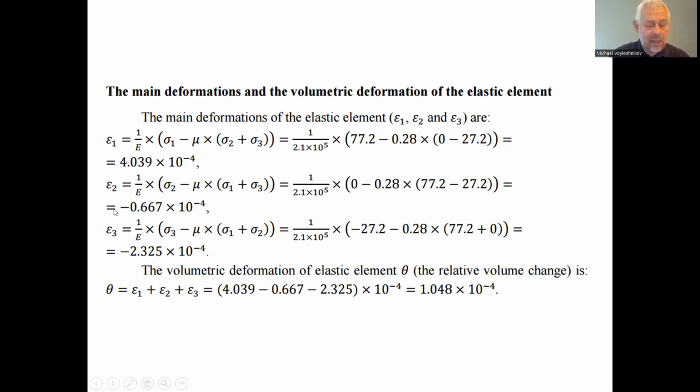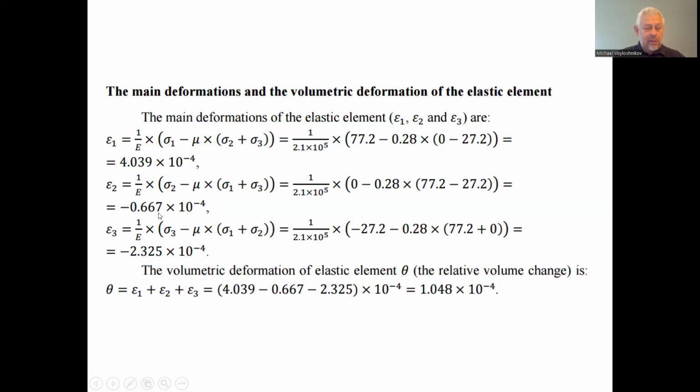This is a specific characteristic. The absolute magnitude of the deformation depends on the size, so the greater the size, the greater the absolute deformation. In the second direction, the deformation is equal to minus 0.667 by 10 to the power minus 4, negative, with a minus sign.